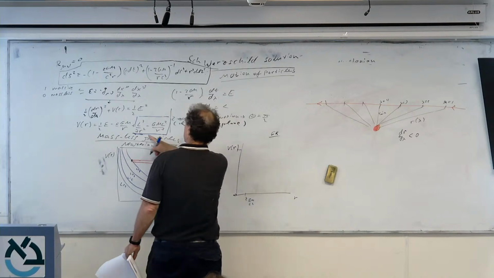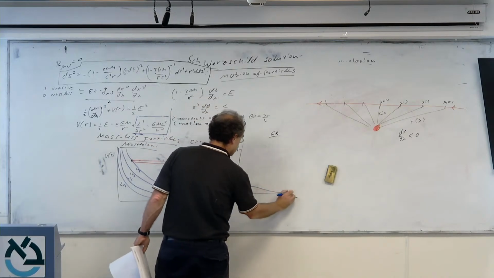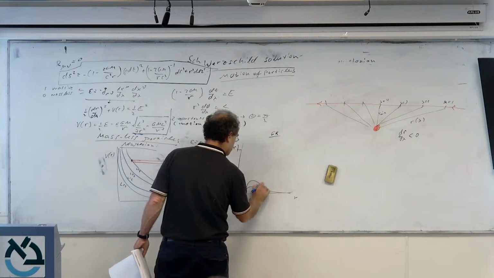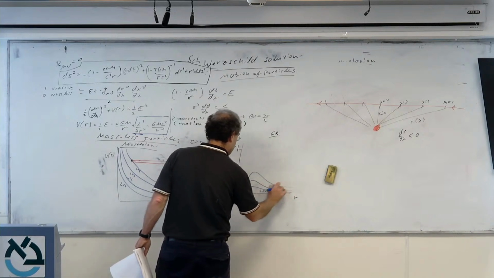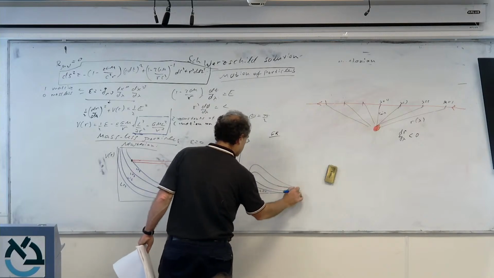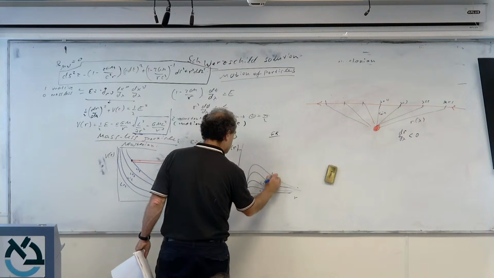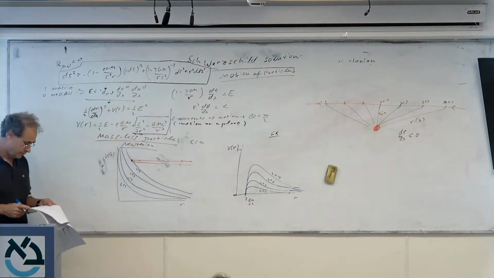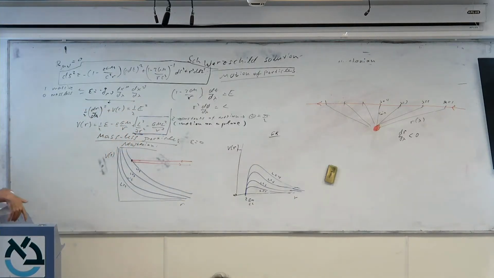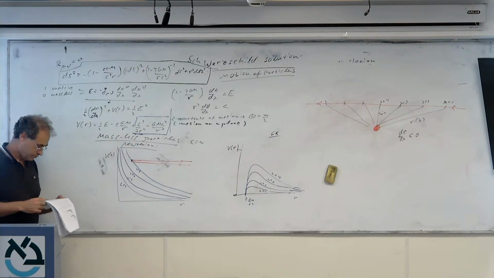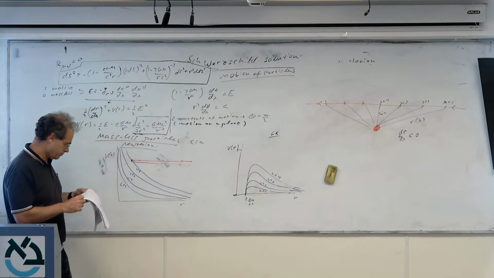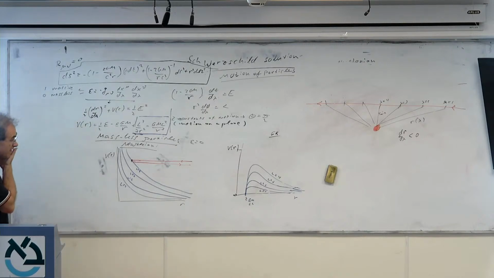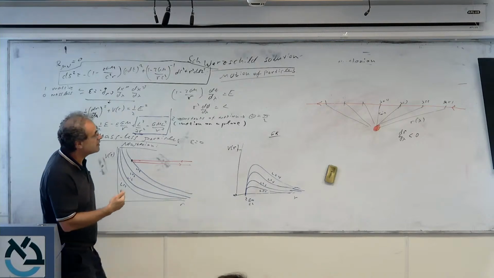So if I have to plot the potential, something like this. This is unless L is equal to 0. What is L equal to 0?